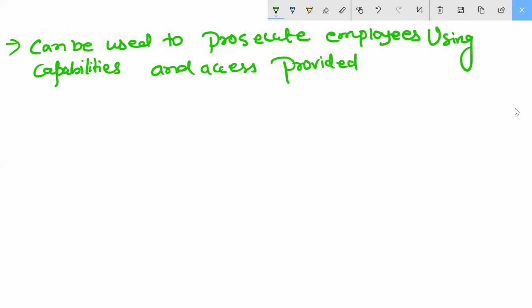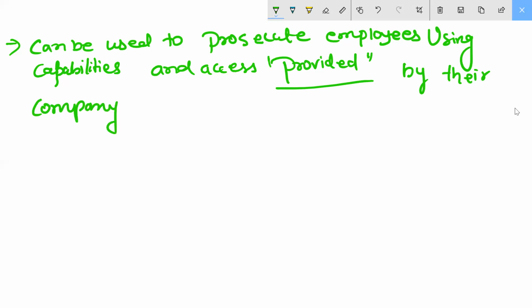I told you when I started, provided by their company to conduct what? I'm telling you, by their company. You understood my point? I'm underlining this point. By their company. Clear? By their company to what? Conduct fraud activity.